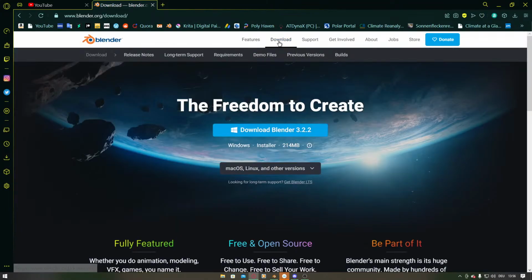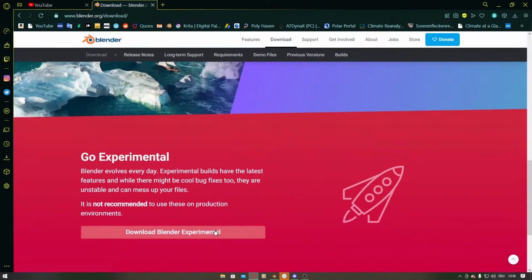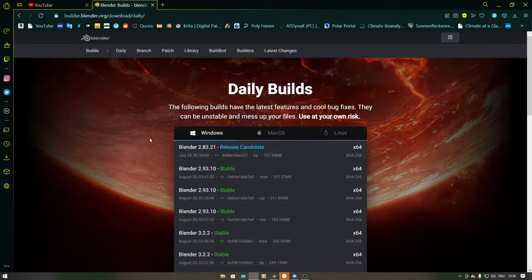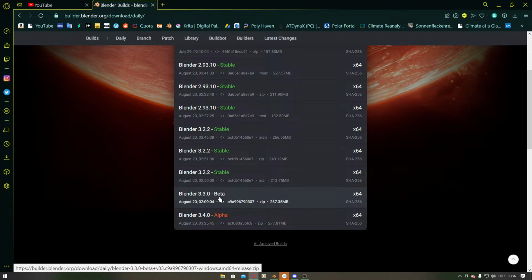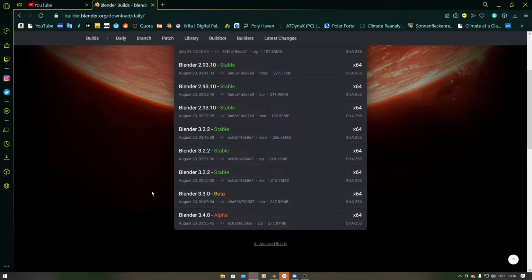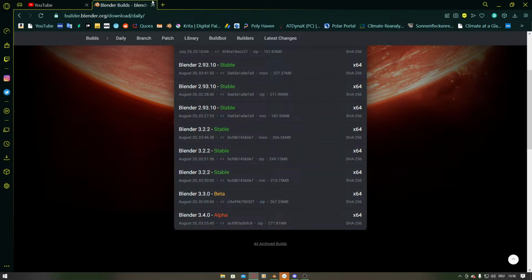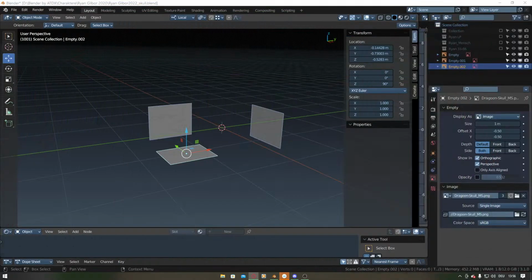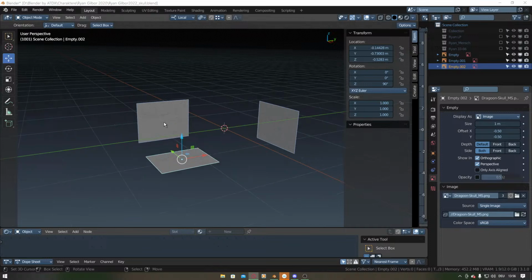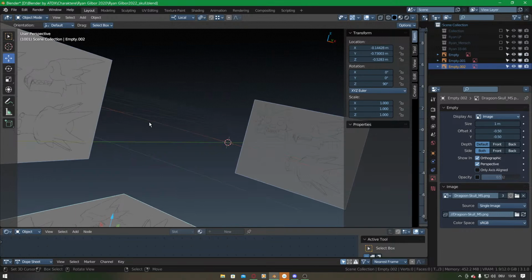Hold on. And there I could download the beta version, but that's a little bit risky, and it's not as stable as the other versions. I'm not going to 3.2 because it's not necessary.